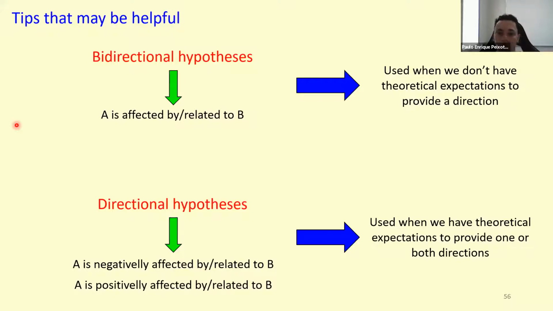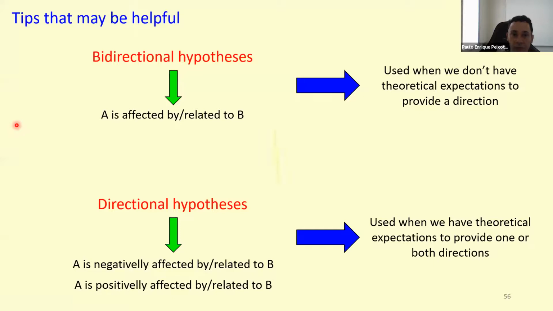Hypothesis one, and if this, or alternatively, the second hypothesis, okay? This is highly recommended, actually, because this is related to one thing called strong inference. I will talk just a little bit about it, but present both directional hypotheses separately. Do not mix them in a bidirectional one, okay? Because this may mix the processes that we wanted to separate.